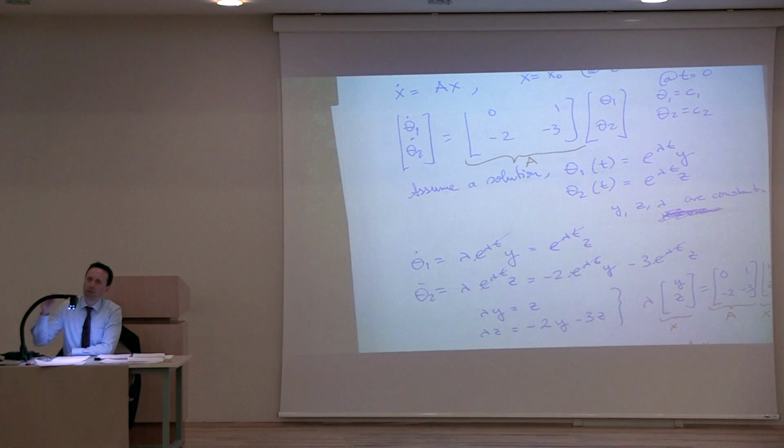Because the eigenvalues of the A matrix are at the same time the roots of the characteristic equation of the transfer function. And that I'm going to show in the next hour that they are the same. In the next hour, we are going to solve the same problem using Laplace transform.